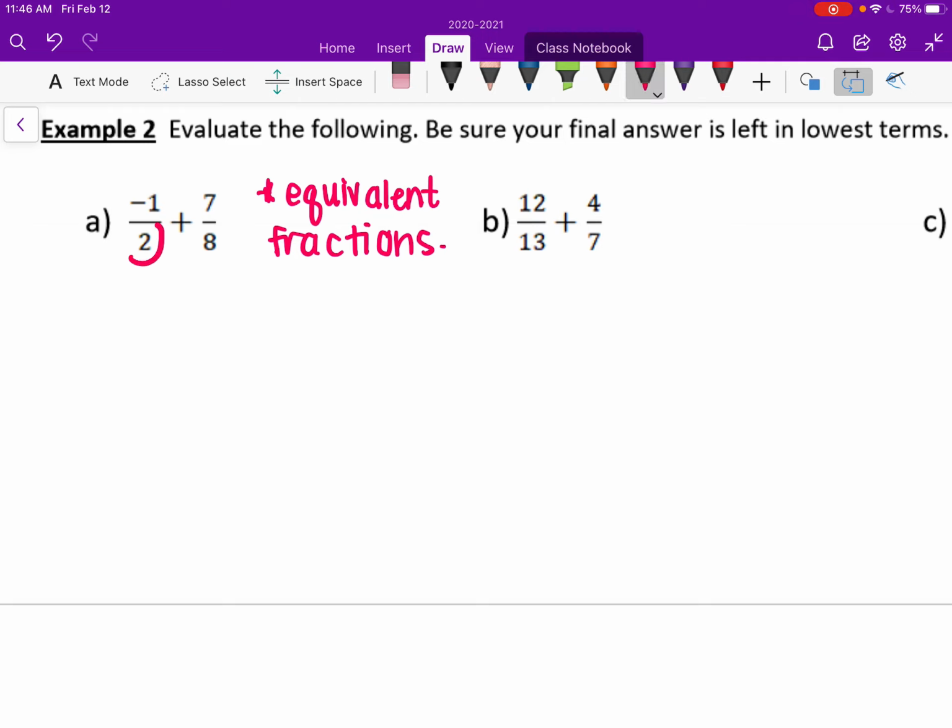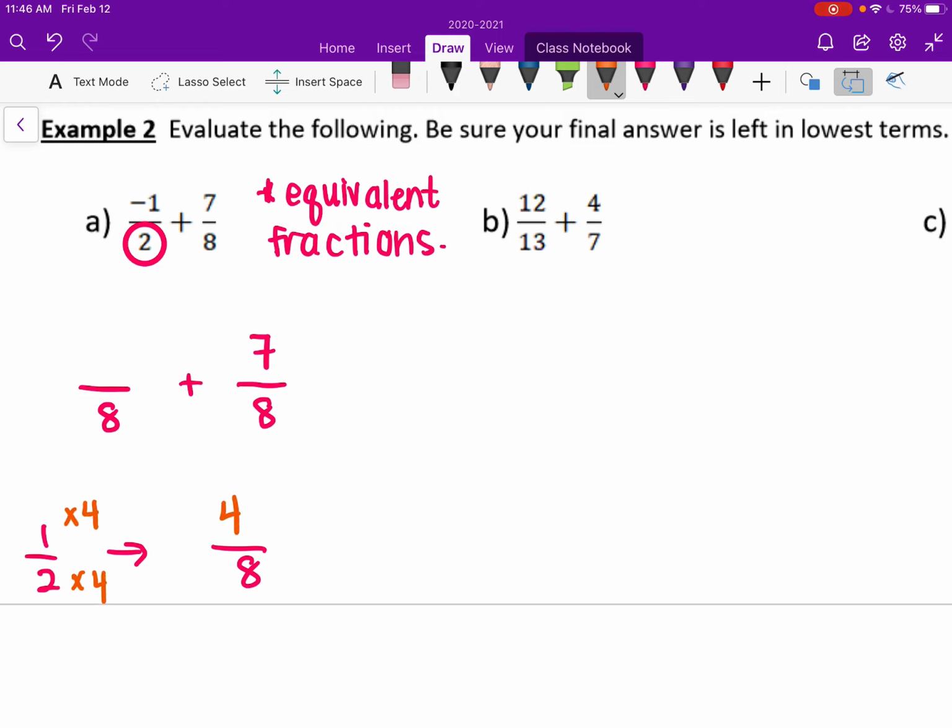We know that we can have 2 go into 8, so let's put everything over 8. 7 over 8 is going to stay the same because it's already over 8. But if I wanted to go from 1 over 2 to something over 8, I would multiply the 2 by 4. Whatever I do to the bottom, I have to do to the top. So this would become 4 over 8.